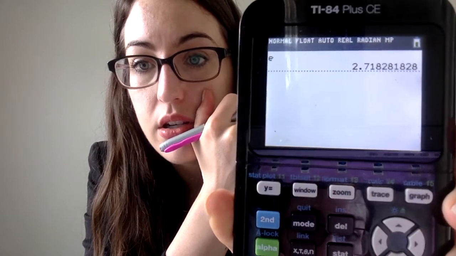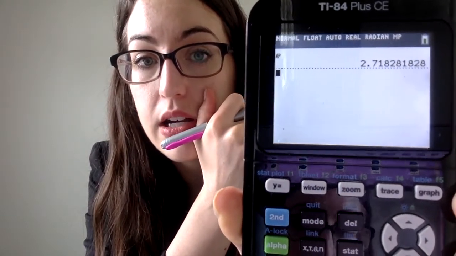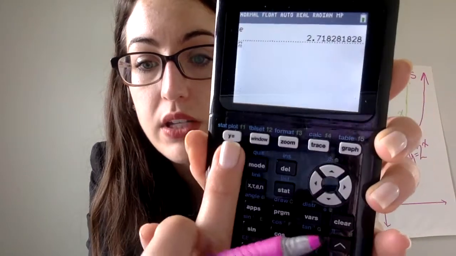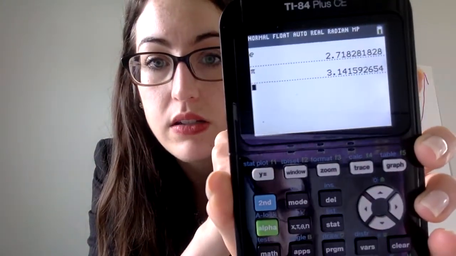It does not terminate, it does not repeat, it goes on and on like pi does. Pi is one up, so hit second and pi. Same business. So pi is 3.14, e is 2.72. Those are always on your calculator.